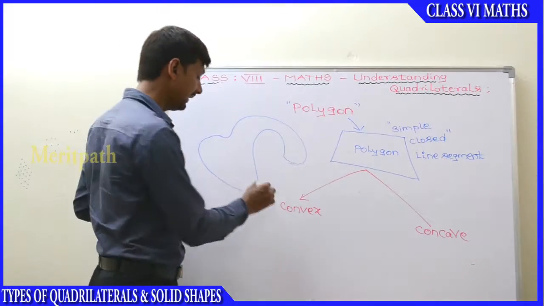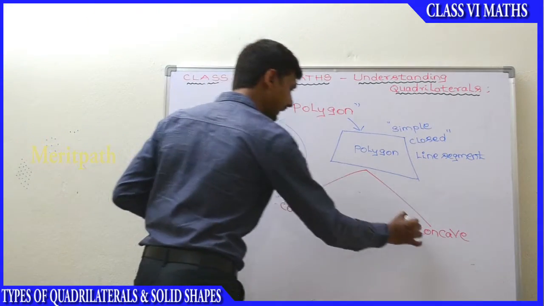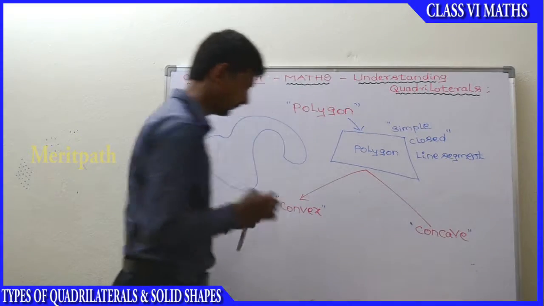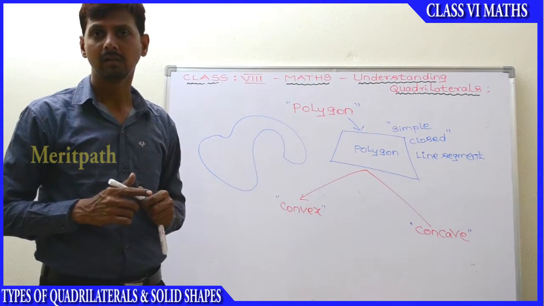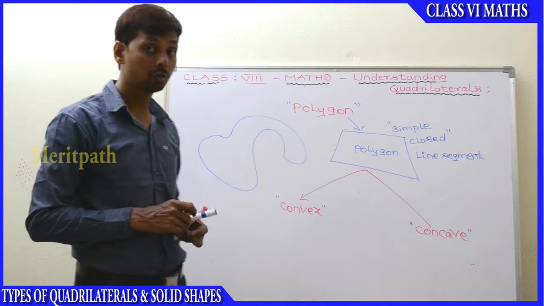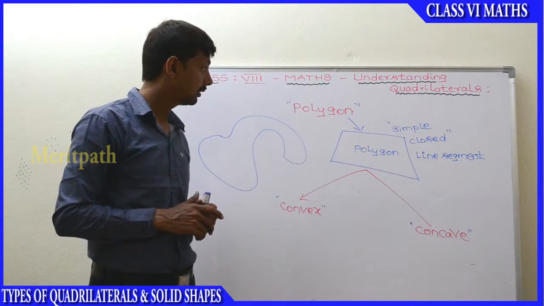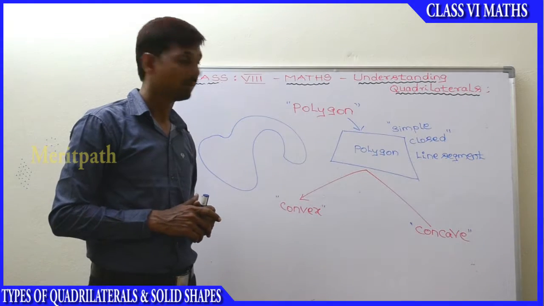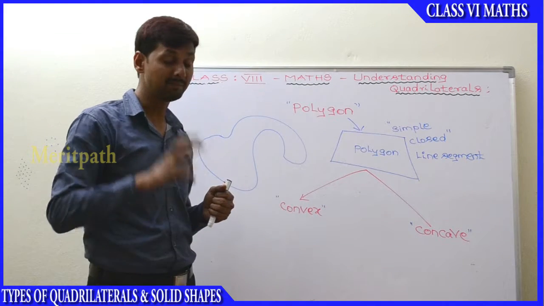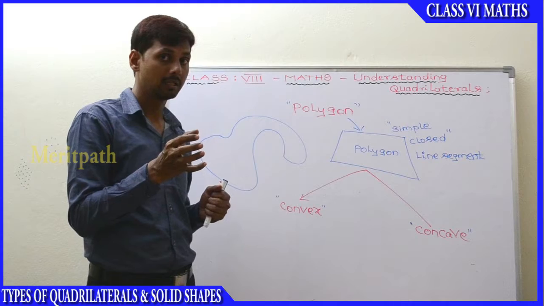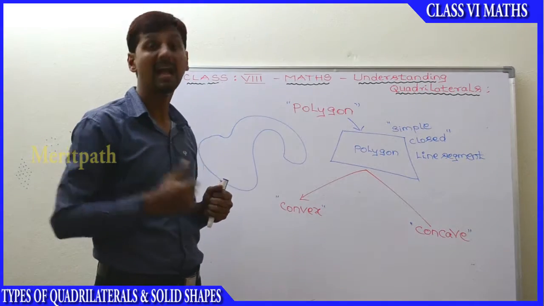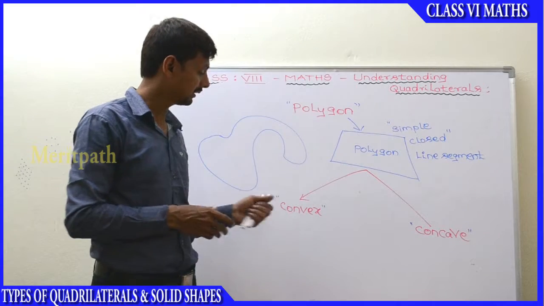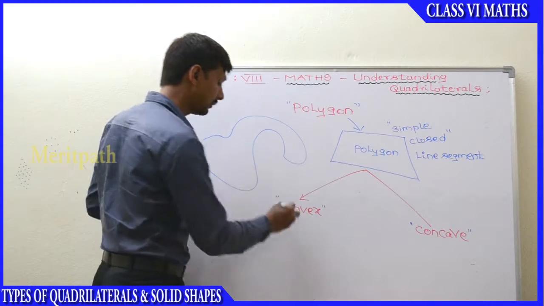One of them is the convex polygon and the next one is the concave polygon. For a convex polygon, we draw a simple closed figure, and after that we observe the angles of the polygon. Let's talk about the convex polygon.